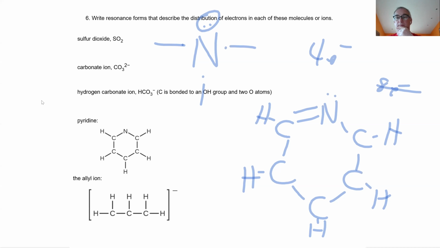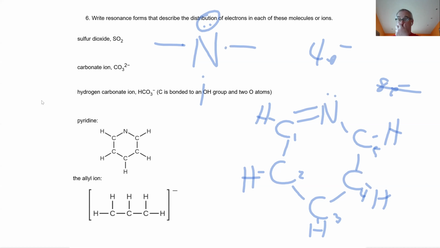So where else are we going to put another pair? I'll just put numbers on the carbons: 1, 2, 3, 4, 5. Carbon 2 has how many valence electrons?